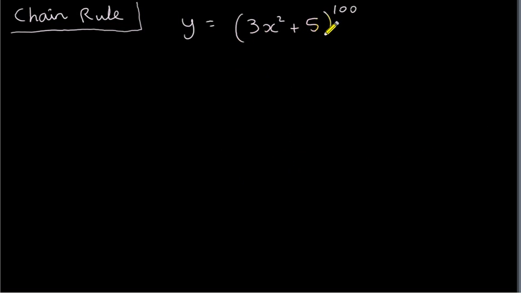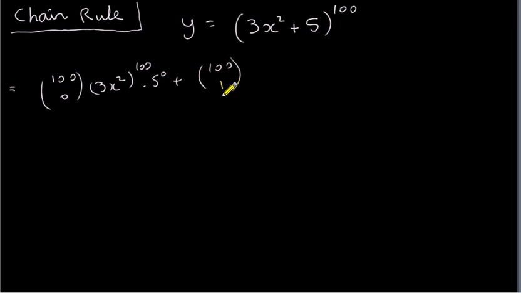Now if you take something like this here, we'd have to expand it out by the binomial theorem. The first term would be 100C0, and then we take one of these terms, raise it to the power of 100, and put the other term to the power of 0. The second term would be 100C1 times the first term to the power of 99 times the second term to the power of 1.